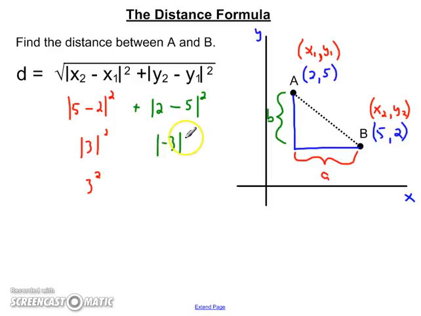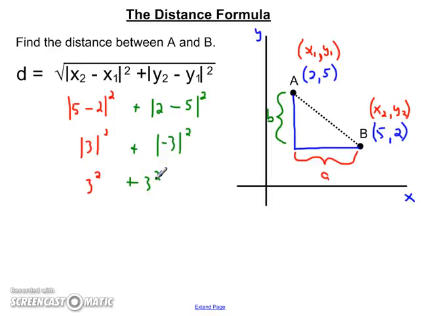Now here's why we take the absolute value. If you think about lengths of things, we don't have negative lengths. It's not possible for this leg to be negative 3 units long. So we just say, I want to know how long it is, so I'm going to take the absolute value. It's 3 units long. Now you notice here, a squared plus b squared would be equal to c squared.